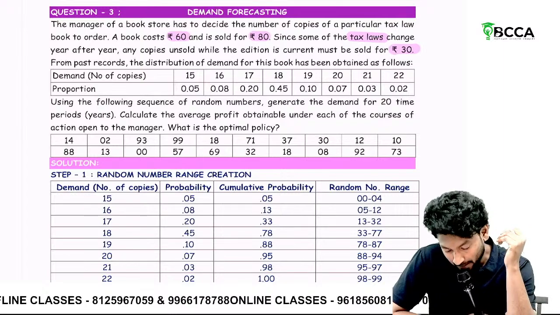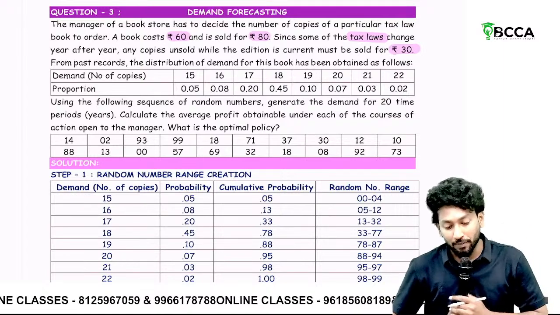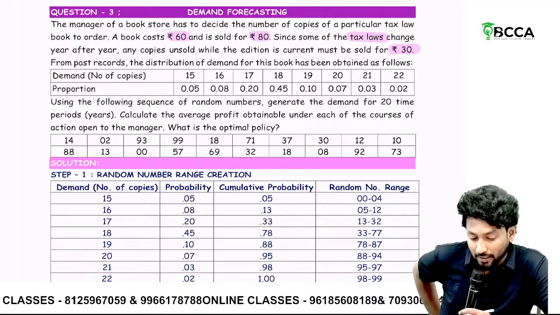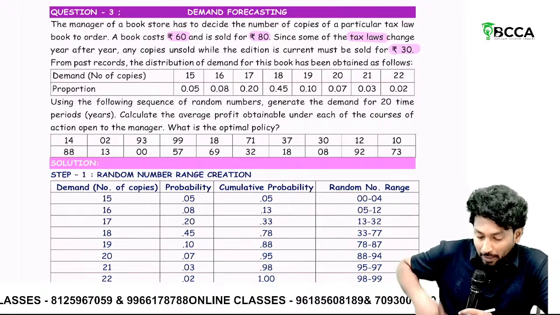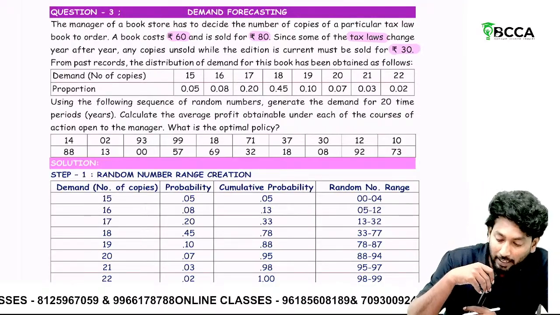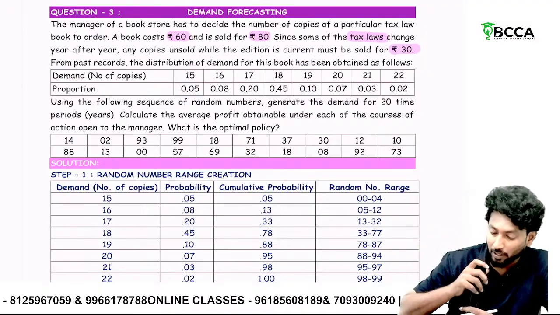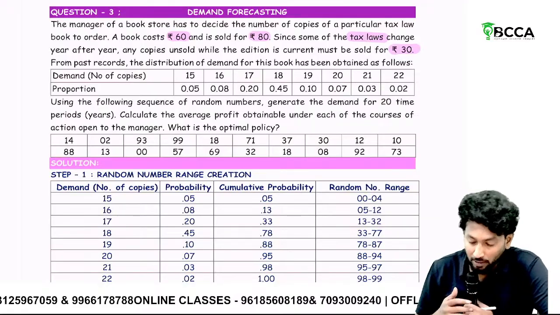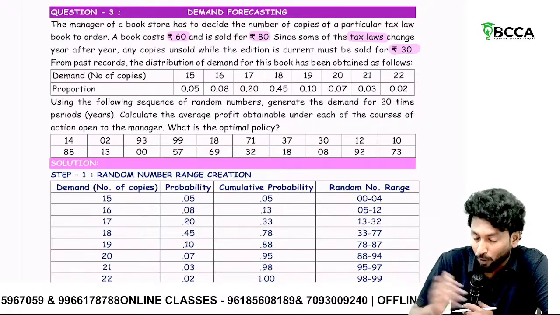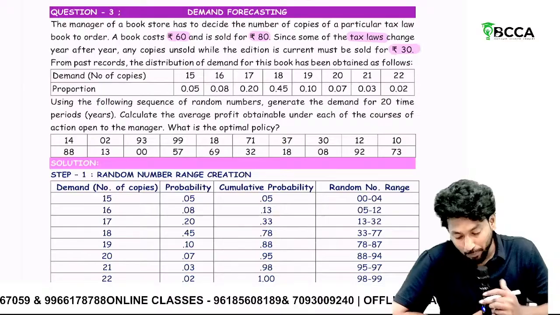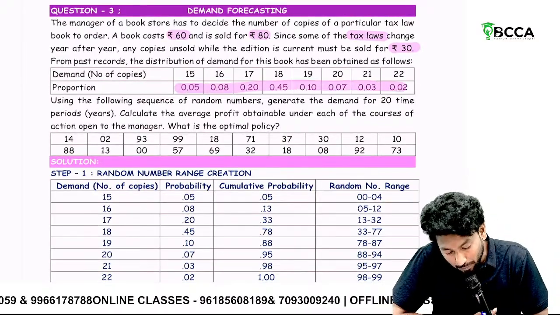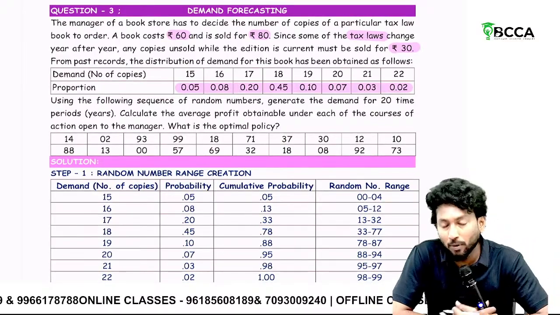From the past records, the distribution of demand for this book has been obtained as follows. Demand 15, 16, 17, 18, 19, 20, 21, 22, with proportions. First of all, observe this proportion, sir. They have not given the word probability, but the numbers are in decimals, so this is nothing but probability only.